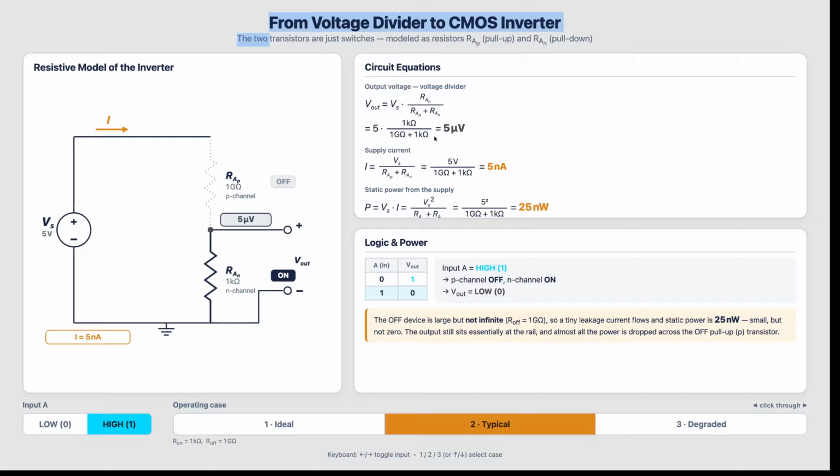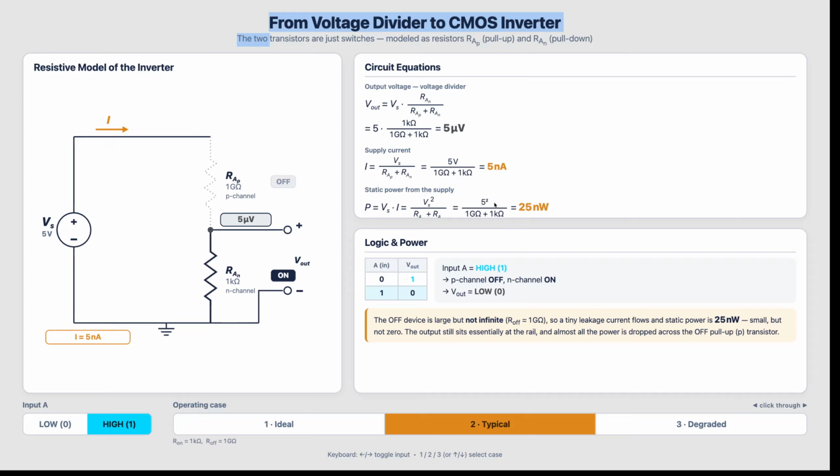In that particular case, it's not exactly 0, it's 5 microvolts, which is essentially 0. The other thing I calculated is the power being supplied by the power supply. That would be, according to circuit theory, Vs times I, and we can get I also from a voltage divider.